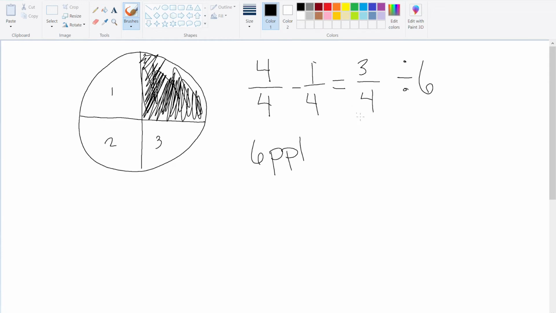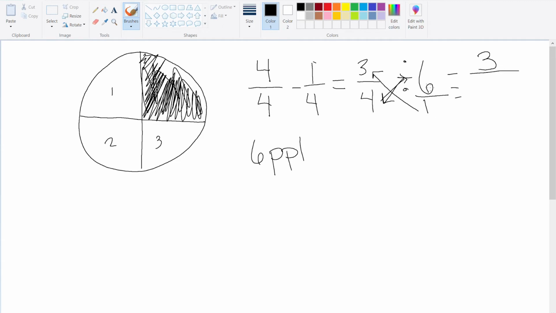So again, I've got this 3/4 divided by 6. So because 6 is a whole number, I would put it over 1. And again, whatever you want to do to simplify the fractions, I'm going to do cross multiplication. So I'm going to have this 1 times this 3 is 3, and that's the one that goes on the top.